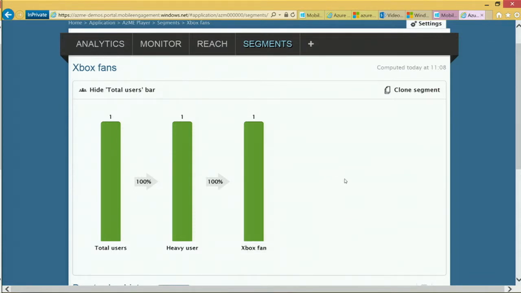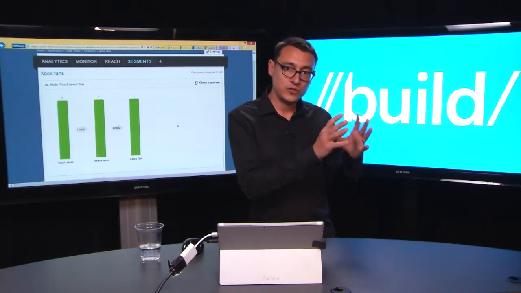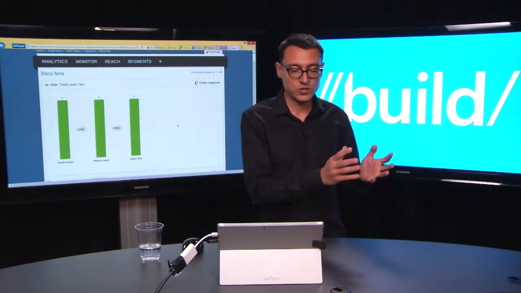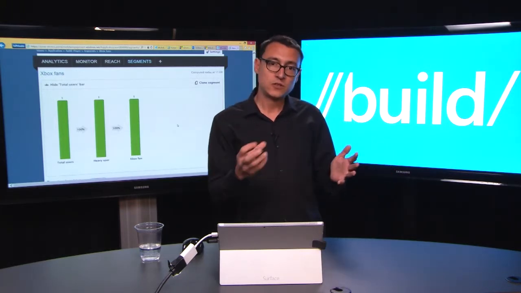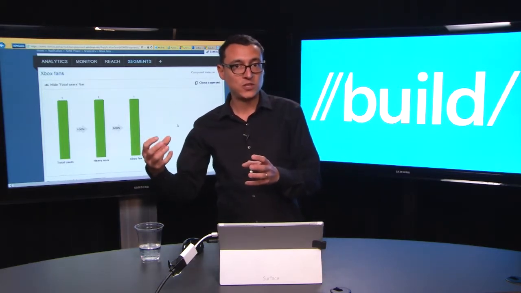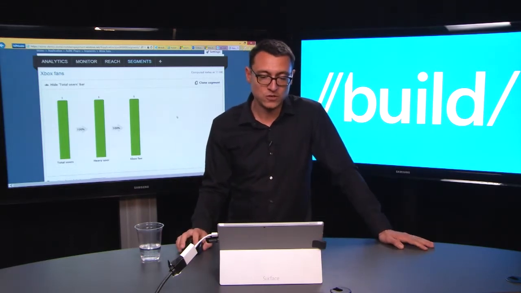So you can see that this is the real link between the integration you made of the SDK within the application, the data that is collected through the instrumentation, and how it's going to be used then for the engagement and the notification process.